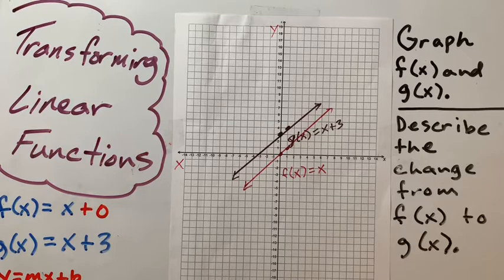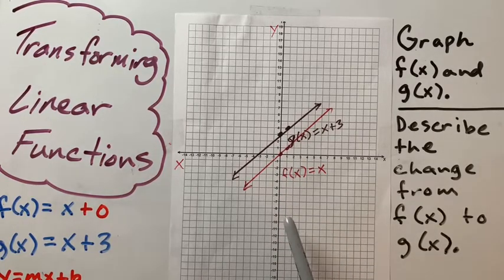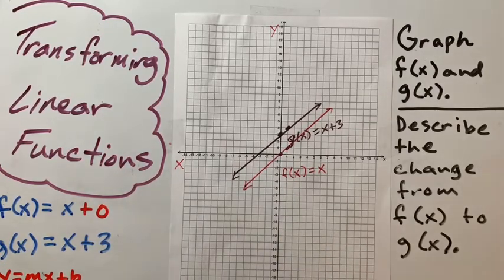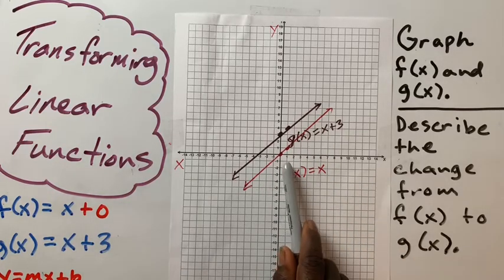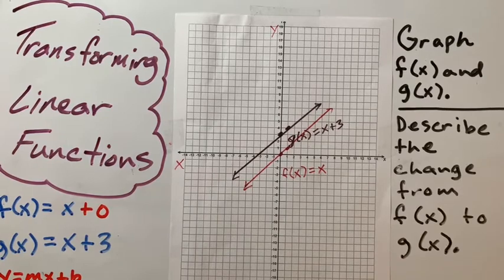So here it says examine the change from f of x to g of x. The red line is f of x. So let's see, what would have to happen to move this line here to there? Is that a case where we reflect this line? Are we turning the line? Or are we translating it? To translate means to slide.